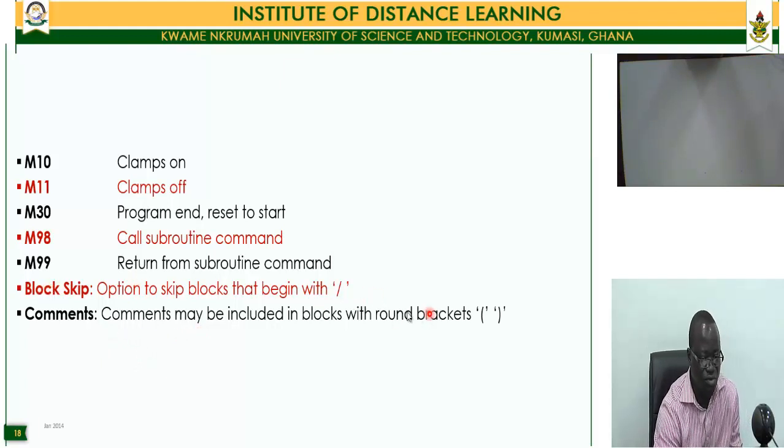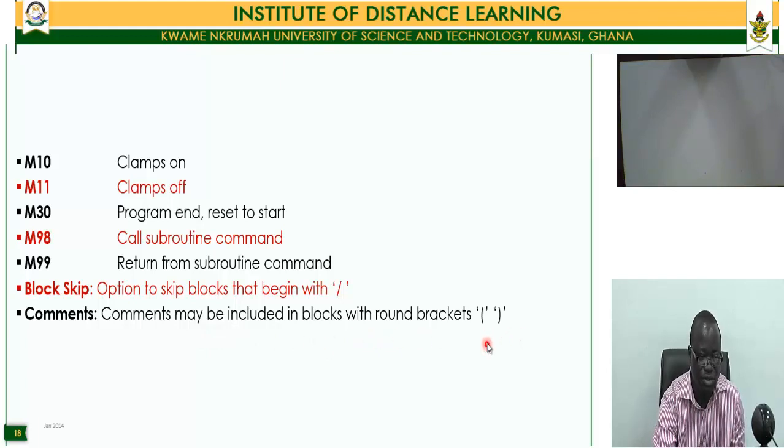That's if you have some codes or some command lines that you don't want the program to execute, then you put a / to skip it. Now, if you want to put comments in the blocks, you can include brackets. You have an opening and closing bracket, and that means it will see it as a comment.